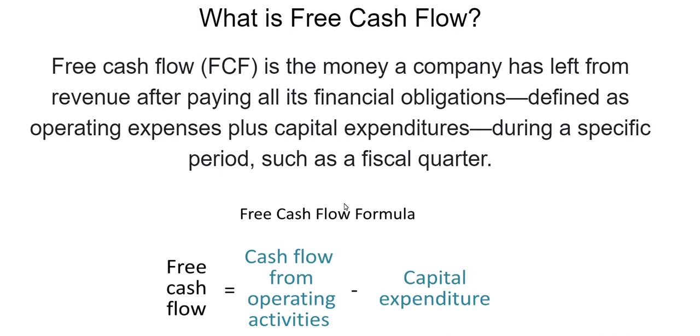They go to the bank and get a loan, and they have to pay whatever the interest rate is, like 4%, 5%, whatever it is these days. But if the company has free cash after they've paid off all the expenditures, they still have money left over. And if there is an opportunity to acquire another business or to pay off debt or something else, then the company can use that money.